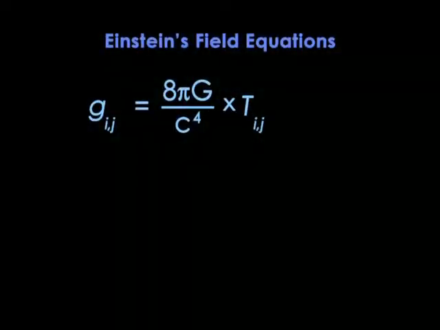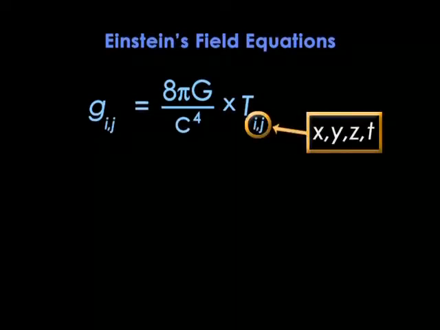Here it is. It's called Einstein's field equations, and it reads G_ij equals 8 pi G over c to the fourth times T_ij. Notice I said equations, plural. That's because the subscripts, i and j, both stand for one of the four space-time coordinates, x, y, and z for space, and t for time.